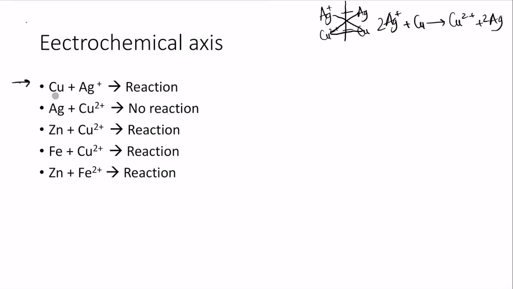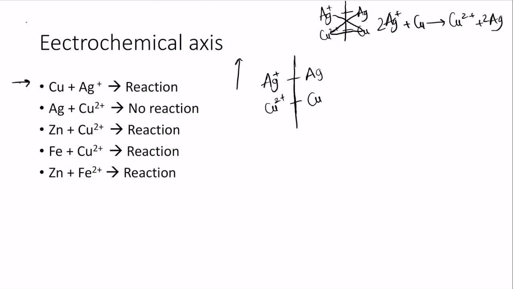So we have this first reaction, Cu with Ag+. We have a reaction. We talked about it in the previous slide. I've said that Ag+ is the stronger oxidizing agent, should be here, and Cu2+ is the weaker oxidizing agent, and here we have copper as a stronger reducing agent, and Ag is a weaker reducing agent.